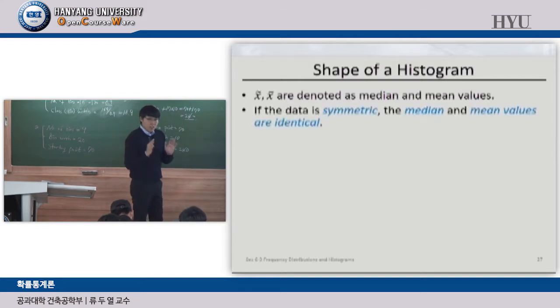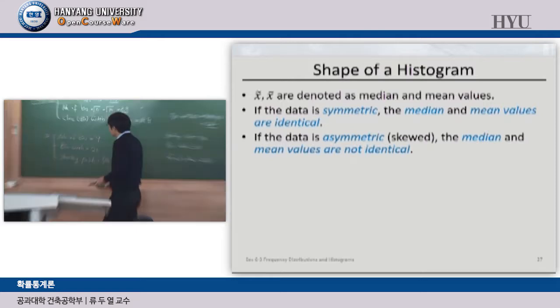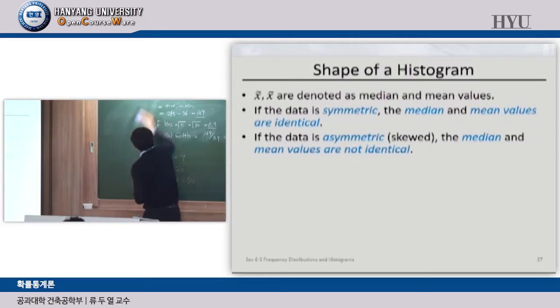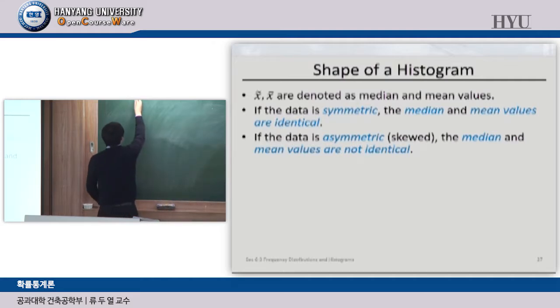If the data is symmetric, the median and mean values are identical. But if the data is not symmetric, which means that data is skewed to the right or left, the median and mean values are not identical anymore. For example, this is the example.